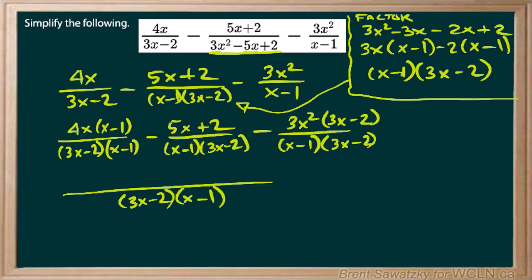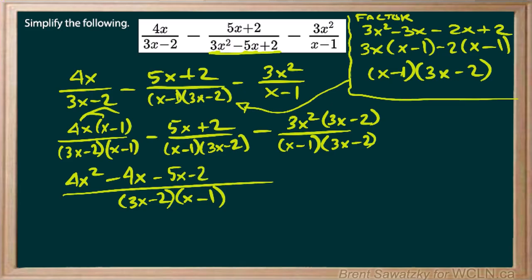Numerator. 4x times x is 4x squared. 4x times minus 1 is minus 4x. We move on to the next one. Remember the minus in between there, that impacts both of the terms on the top, 5x and minus 2.